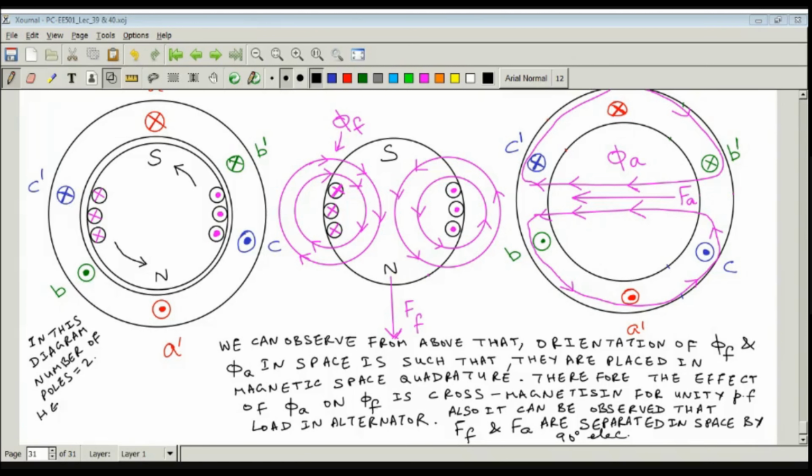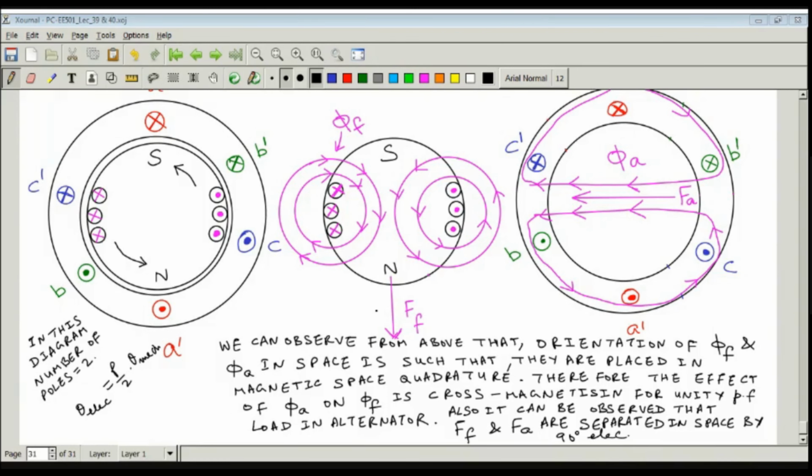Hence, theta electrical equals to P by 2 into theta mechanical. So theta electrical is P by 2 theta mechanical. So therefore both are same.